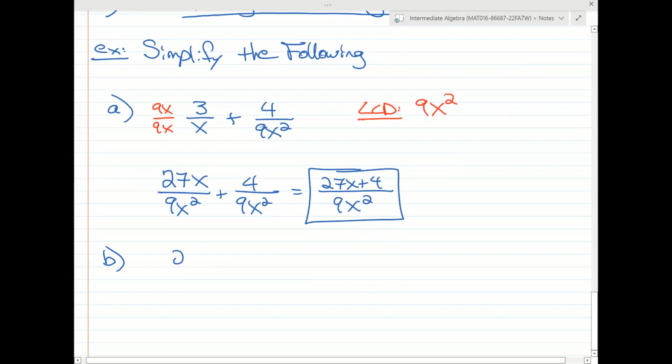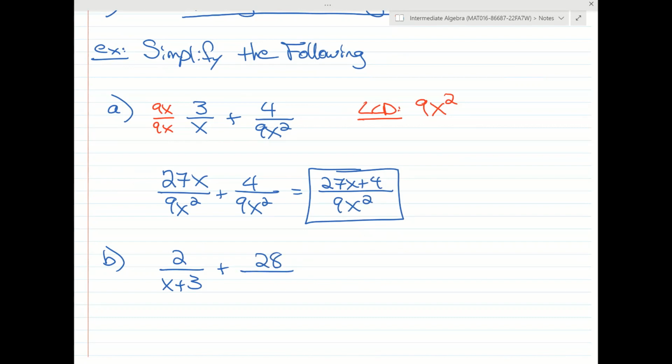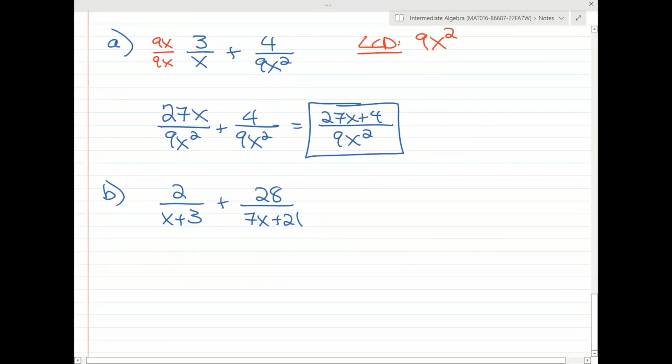What if we had 2 over x plus 3 plus 28 over 7x plus 21? First thing we have to do is factor to get the LCD. So this just stays x plus 3, but we could take out a 7 here.